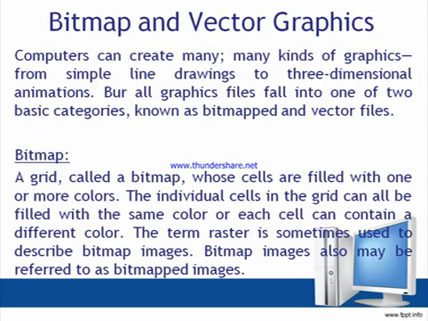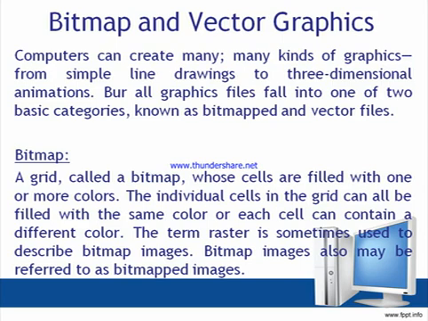Bitmap and vector graphics. Computers can create many kinds of graphics, from simple line drawings to three-dimensional animation. But all graphic files fall into one of two basic categories known as bitmap and vector files. Bitmap.